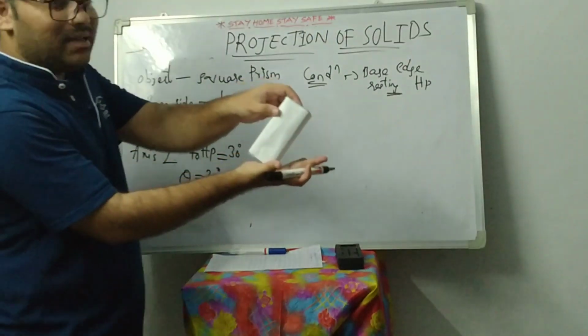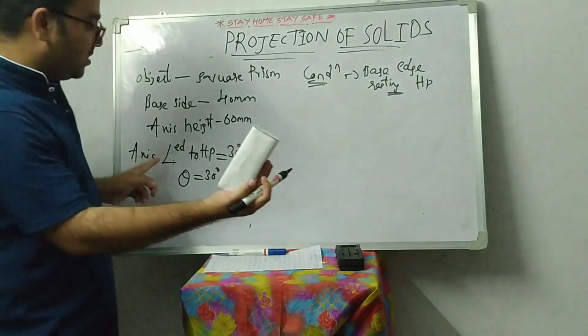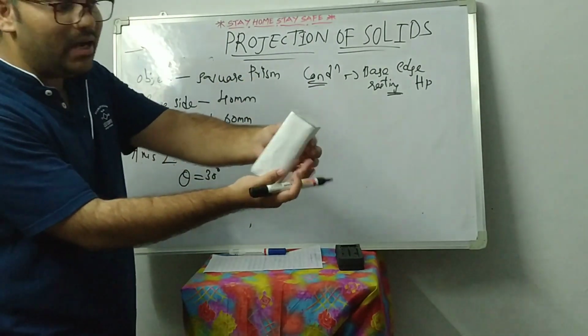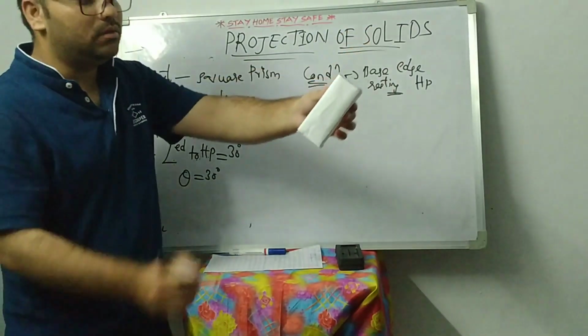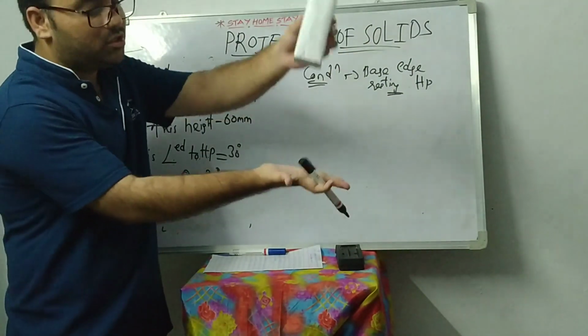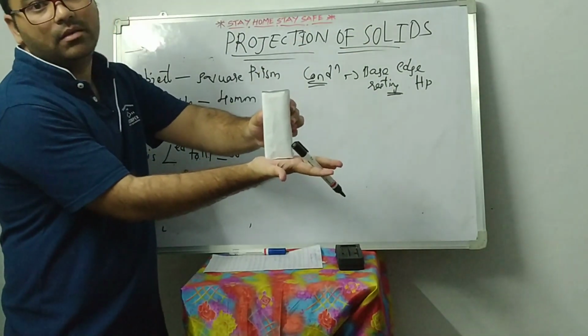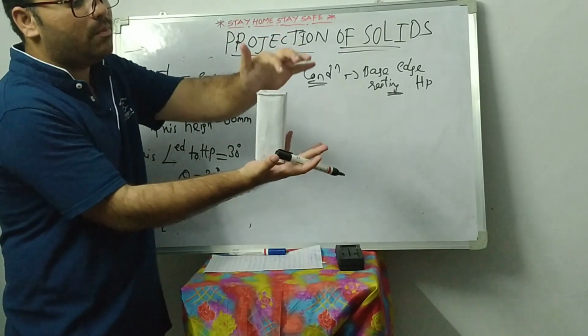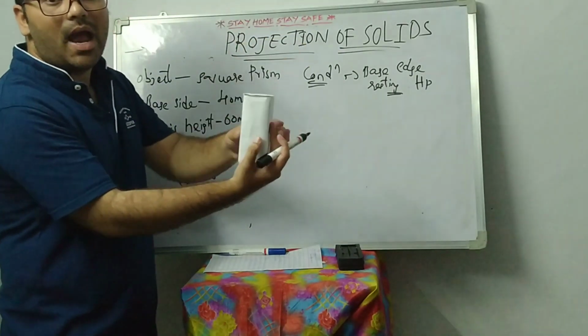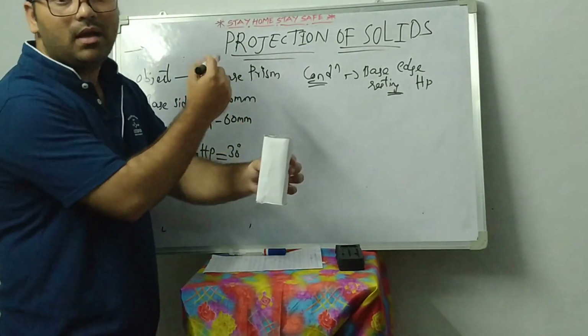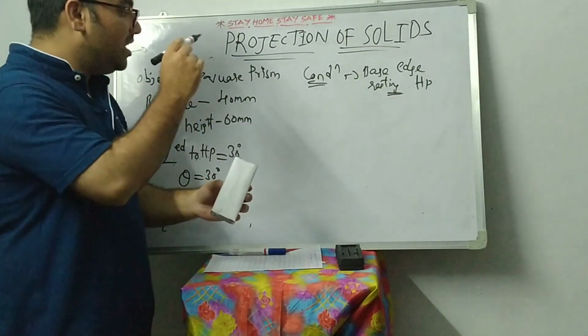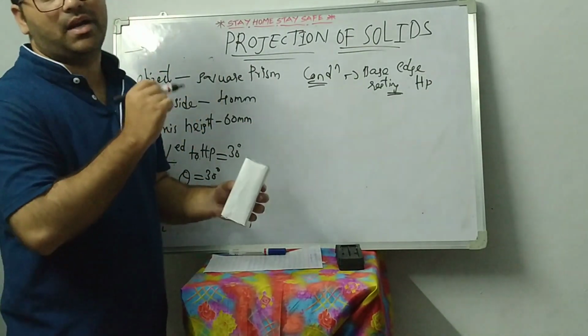If the axis is inclined to the HP, then the true shape of the base should stand on the HP. Then you can see the true shape of the base in the HP and the rectangle face on the VP. That is the initial position we have to construct.